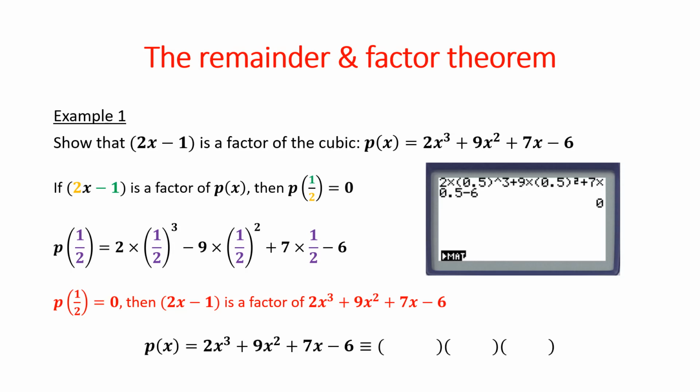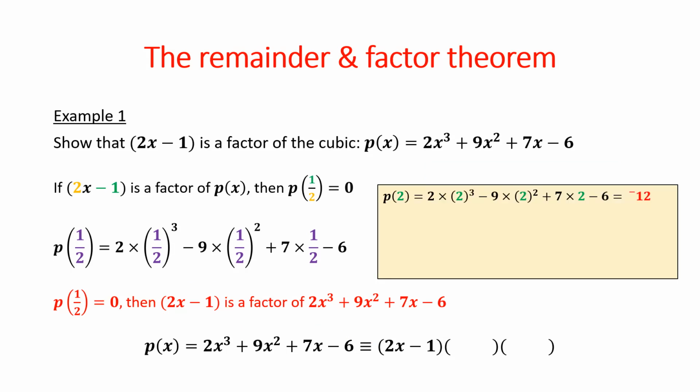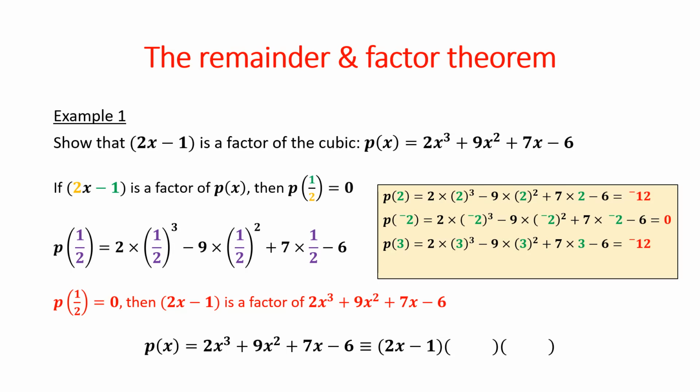We know that the cubic can be factored into 3 factors, 3 brackets. We now have managed to find the first factor, the first bracket, 2x minus 1. I'm going to keep going and see if I can find the next 2 brackets and show you that this is a cool trick to factorize polynomials. I'm going to substitute into the polynomial p of 2, p of negative 2, p of 3, and p of negative 3.